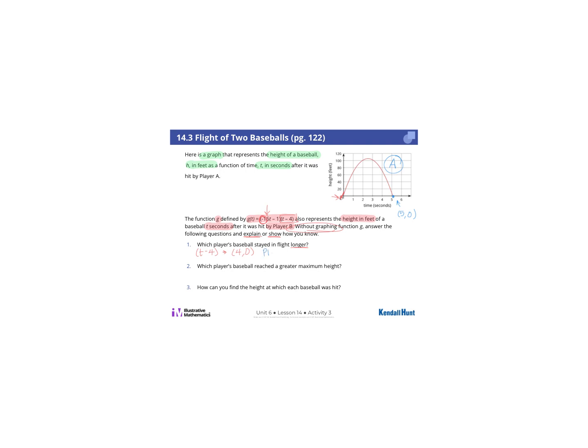That's going to be player A, because their ball hit the ground after 5 seconds. And player B's ball hit the ground after 4 seconds. Okay, so that one stayed in the air longer.